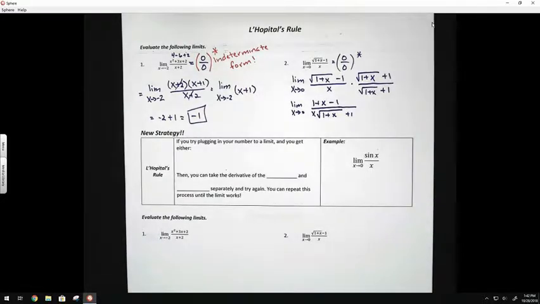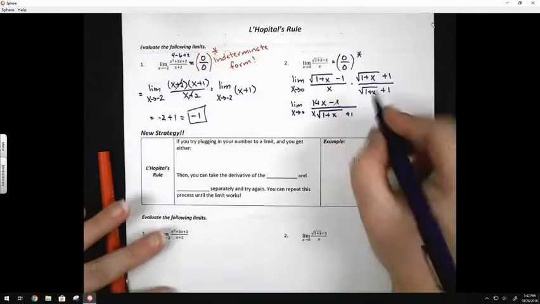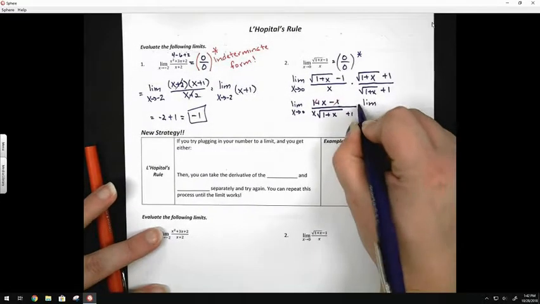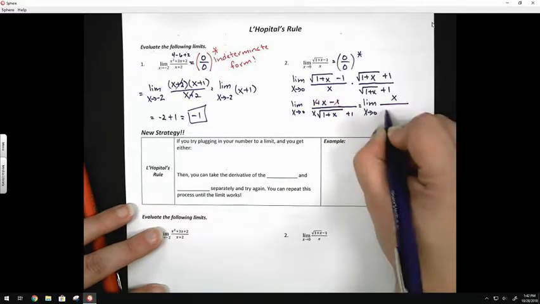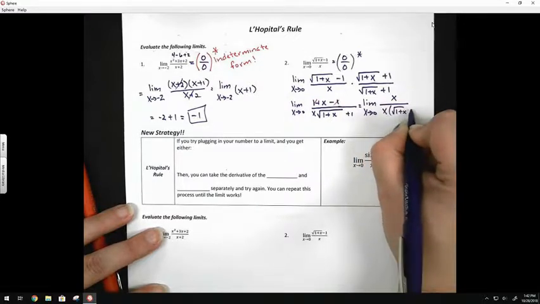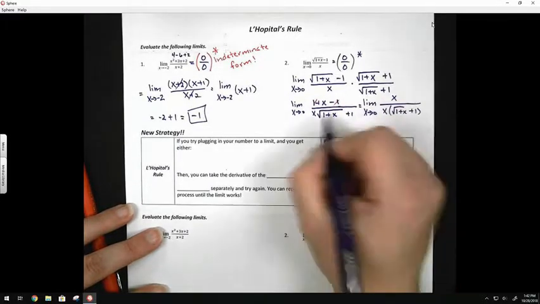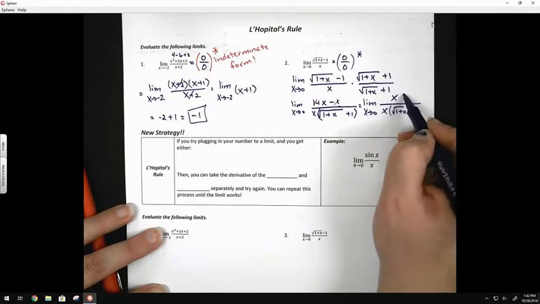When we look at this, we can see that those 1's are going to cancel each other. So we have the limit as x approaches 0 of x over x times (the square root of 1 plus x, plus 1). That needs parentheses there. And those x's will actually cancel to leave us with a 1.